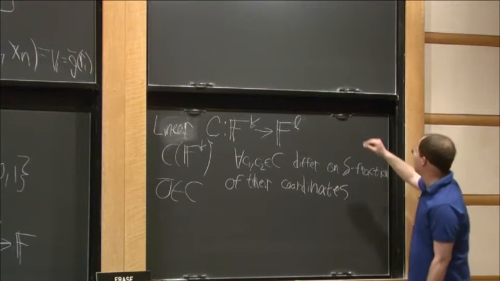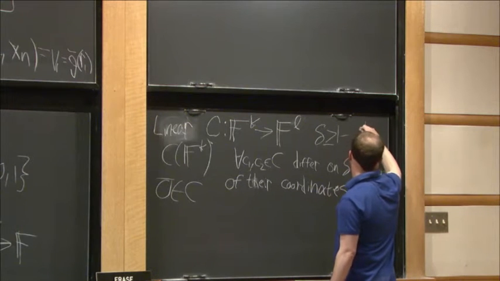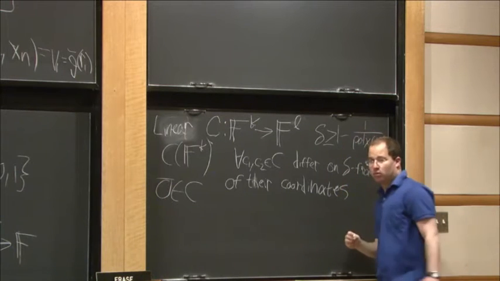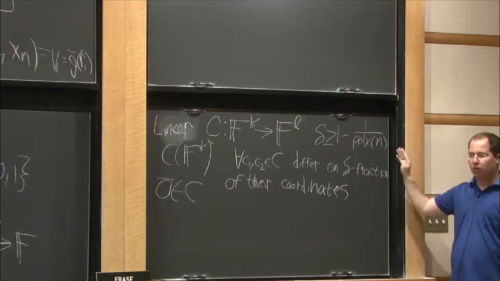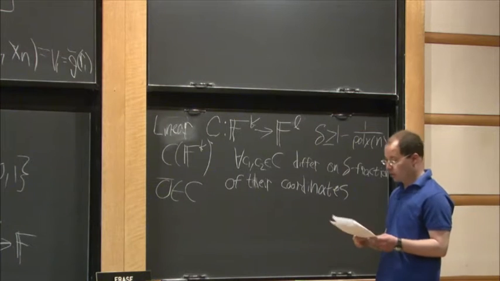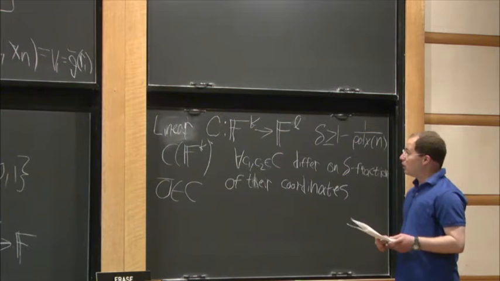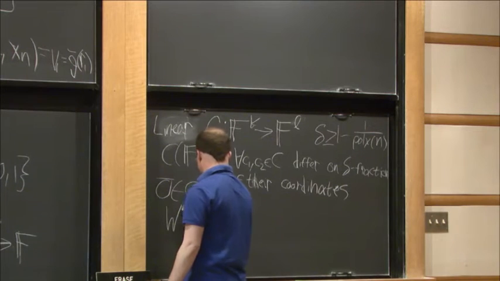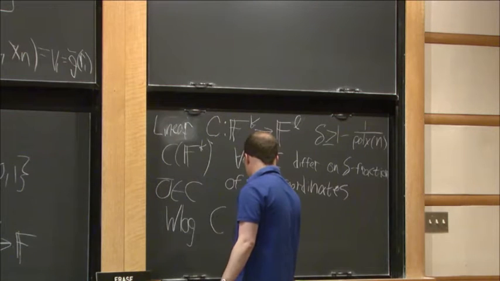In this talk, delta will usually be at least 1 over polynomial in n. In the previous proof, we actually had here exponential. So for the rest of the talk, 1 minus 1 over polynomial would be sufficient. And without loss of generality, we can assume C is systematic.